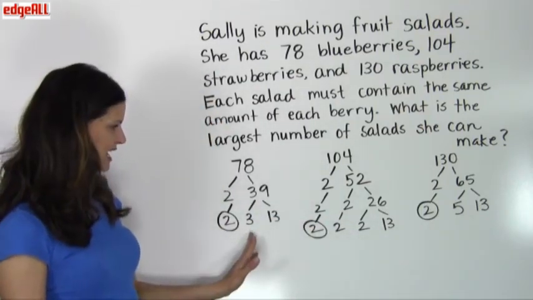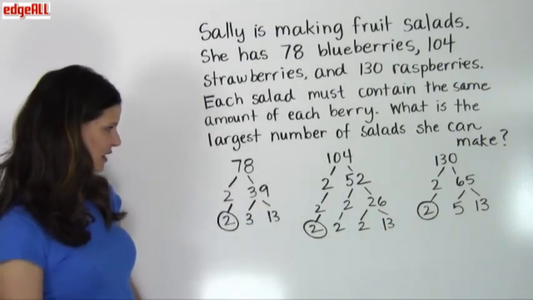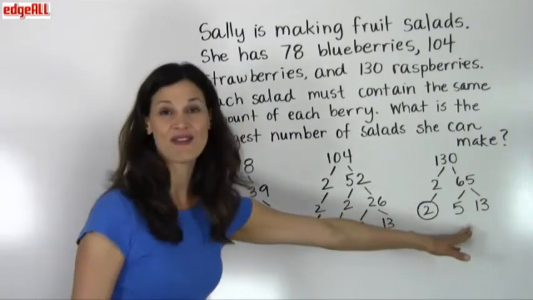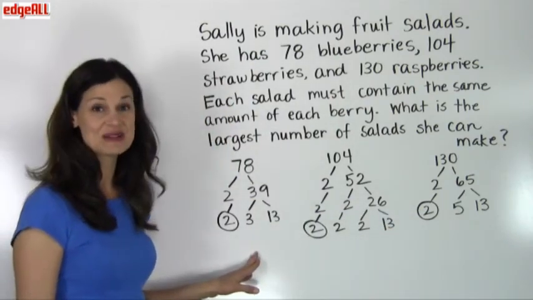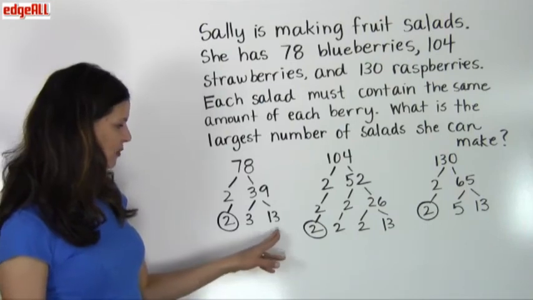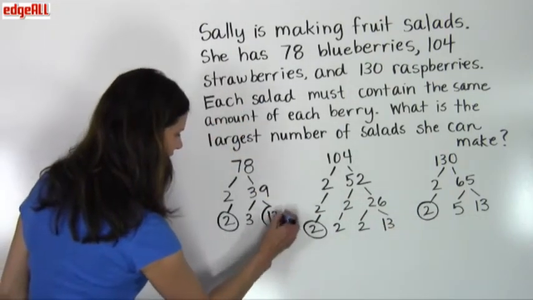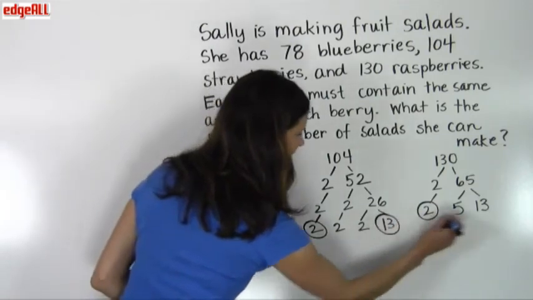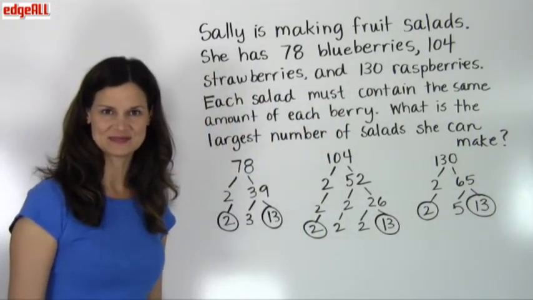We have a 3 here, but no 3's in these two, so we can't circle the 3. Similarly, we have a 5 in this prime factorization, but no 5's here, so we can't circle the 5. But we do have a 13 in all three of our prime factorizations, so I can circle the 13.